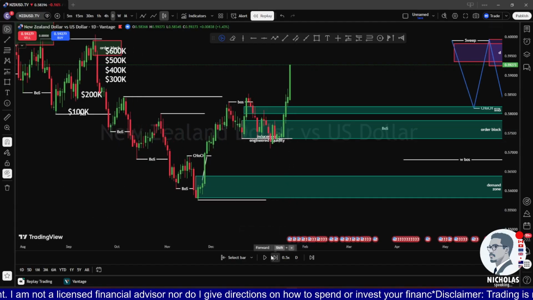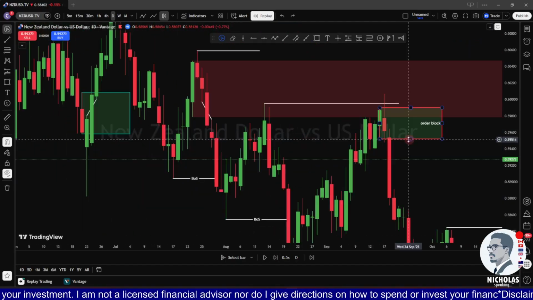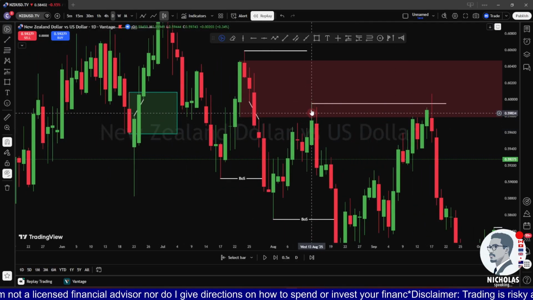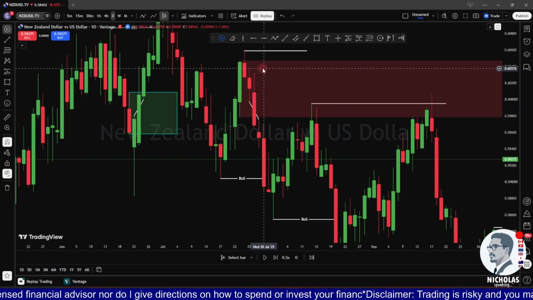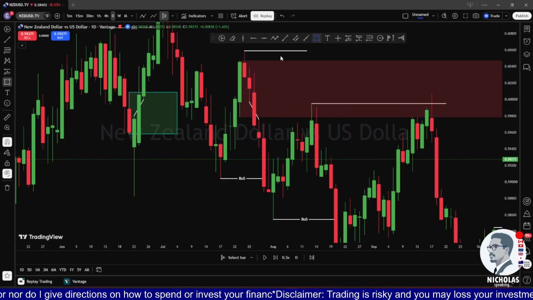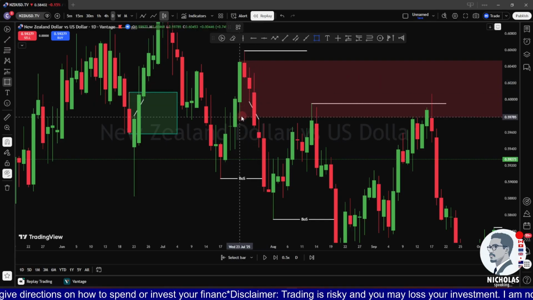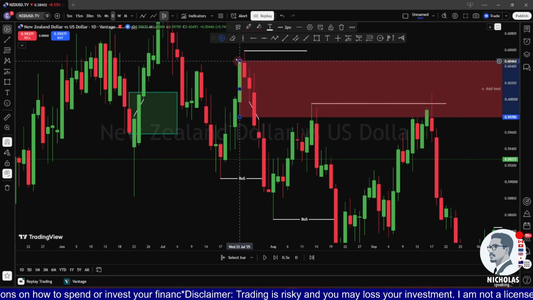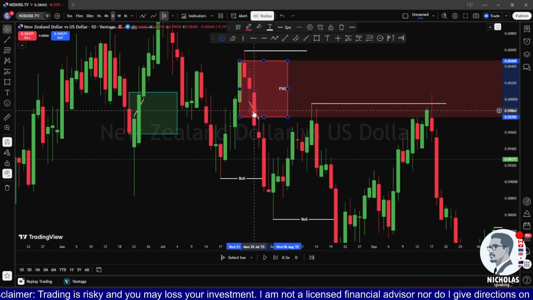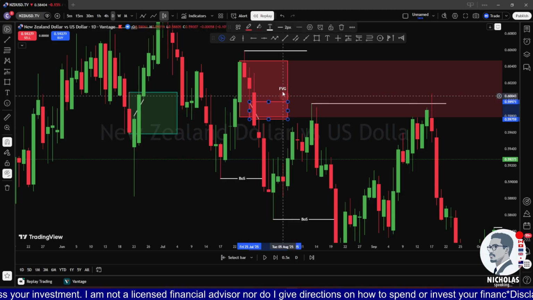So how do you trade demand and supply zones? Let's trade a supply situation. You see that when price came into our supply zone, mind you, how does this become a supply zone? First and foremost, we saw an order block. This was an order block at first, an order block that has an imbalance.